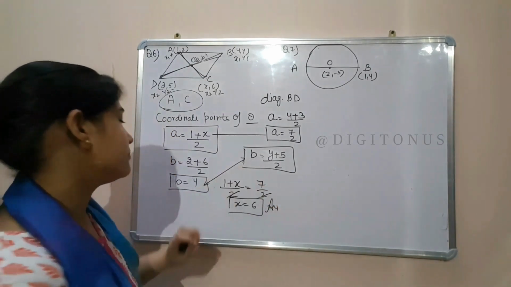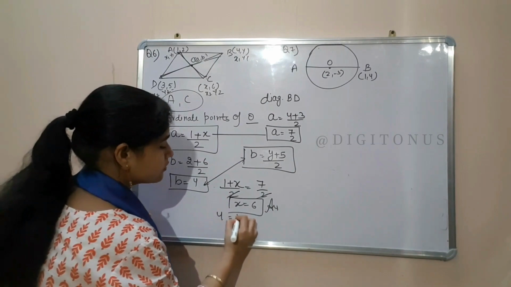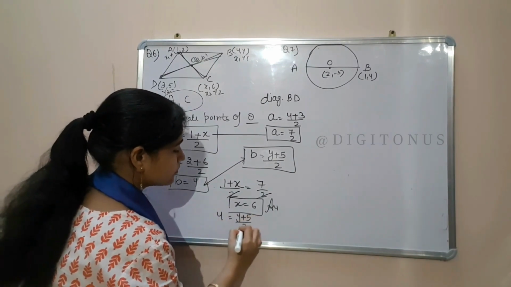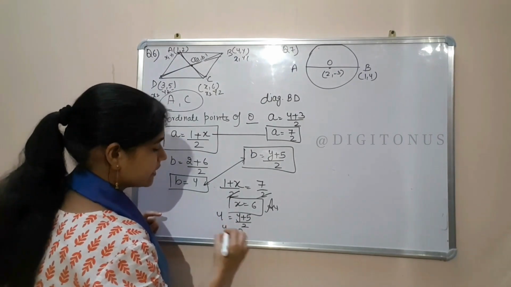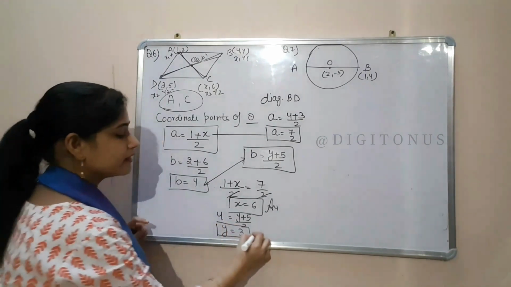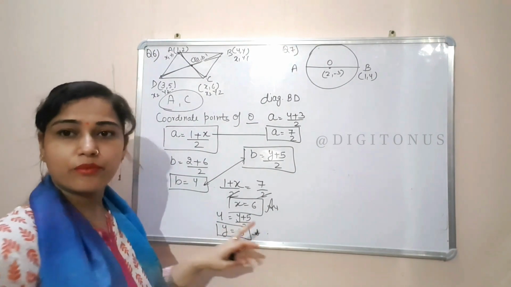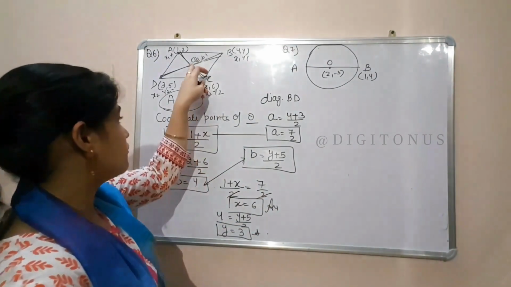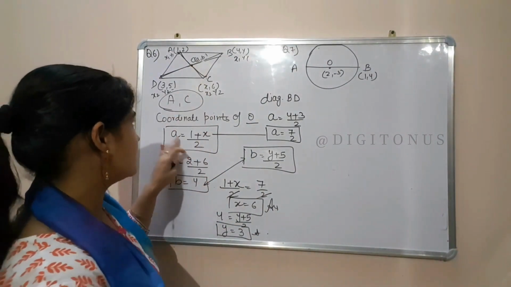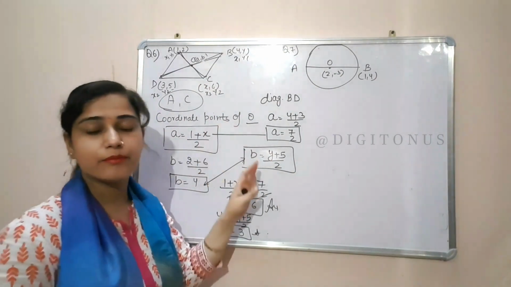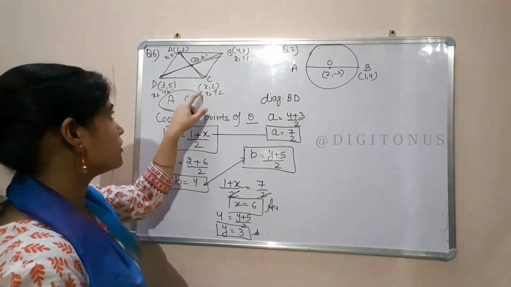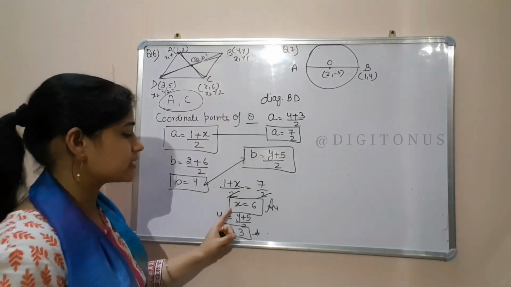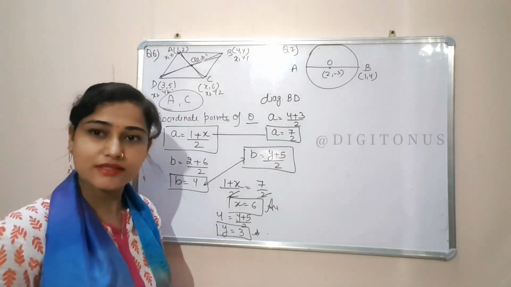Now we compare the B values. 4 equals y plus 5 upon 2. 4 into 2 is 8, minus 5 is 3. It means y value is 3. Answer. The coordinate points of O are A and B. After comparing A and B from both the diagonals, we have found the values of x and y. X value is 6 and y value is 3.